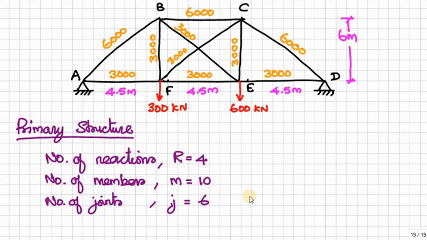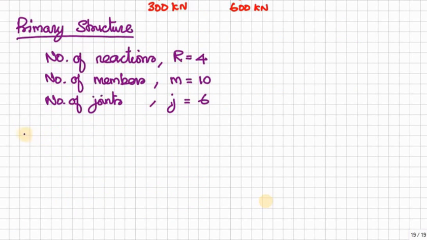So the number of joints is equal to 6, because 1, 2, 3, 4, 5, 6. Now we can apply the expression to find the degree of static indeterminacy. DS is equal to M plus capital R minus 2J, which is equal to 2, that means we have two redundant forces or members.